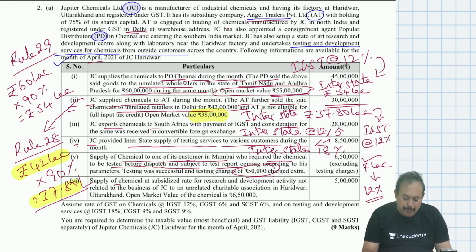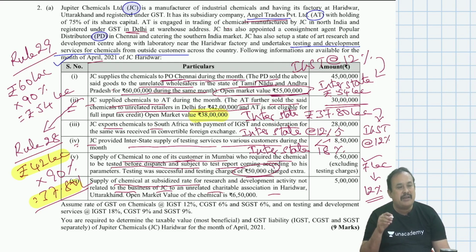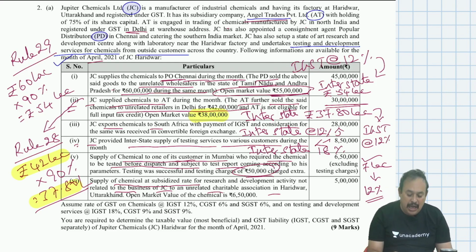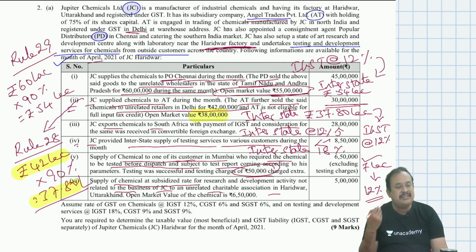Further, supply of chemical at subsidized rate for research and development activity not related to the business of JC to an unrelated charitable association in Haridwar. So supply of services from Haridwar, they have a chemical testing factory in Haridwar, and undertake to supply testing activities, research activities.